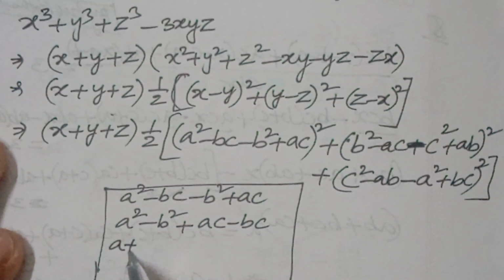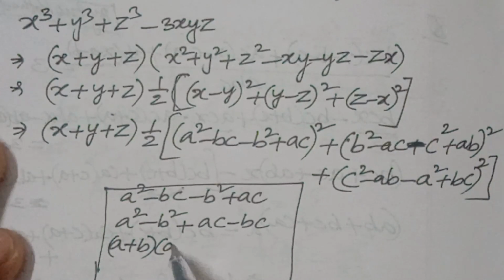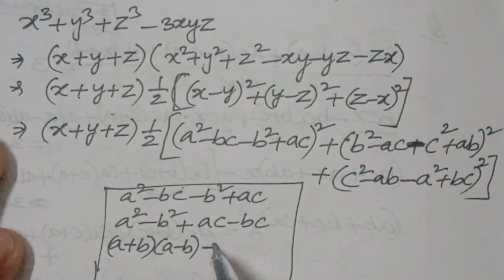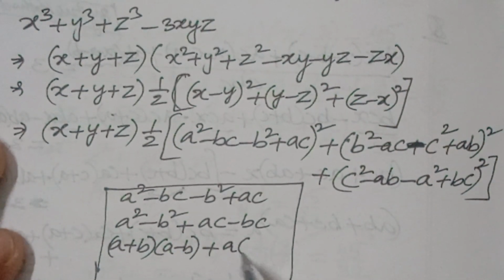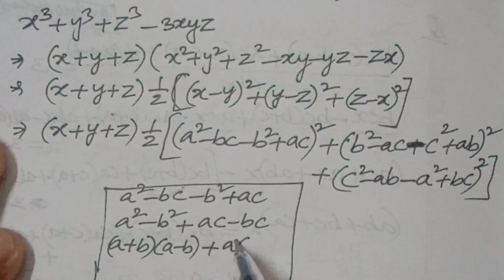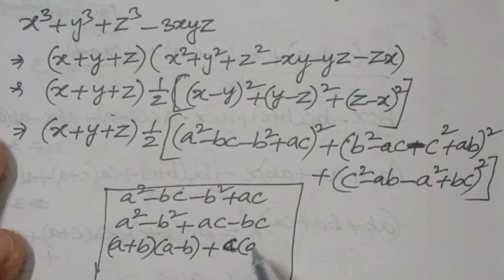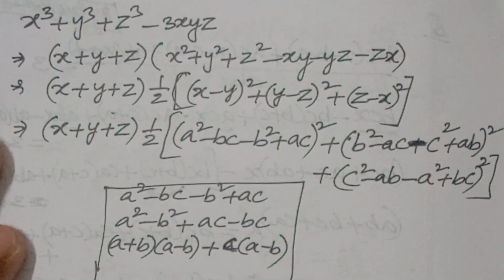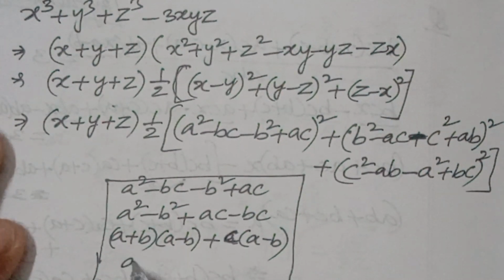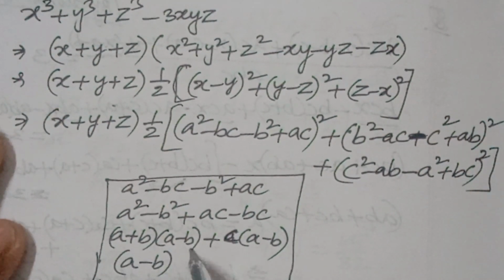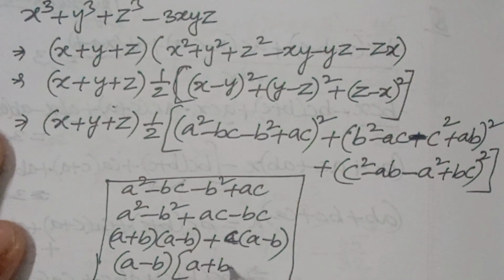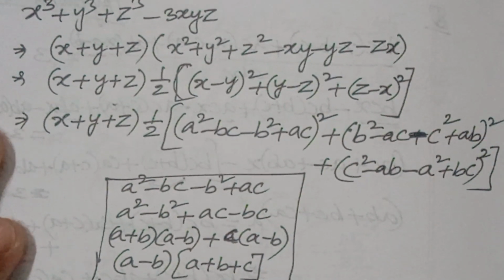So this can be written as a plus b into a minus b plus c common a minus b. From this you can take a minus b common, and you are getting a plus b plus c.